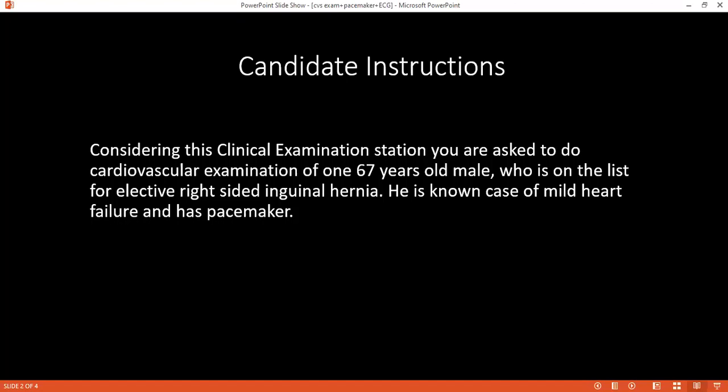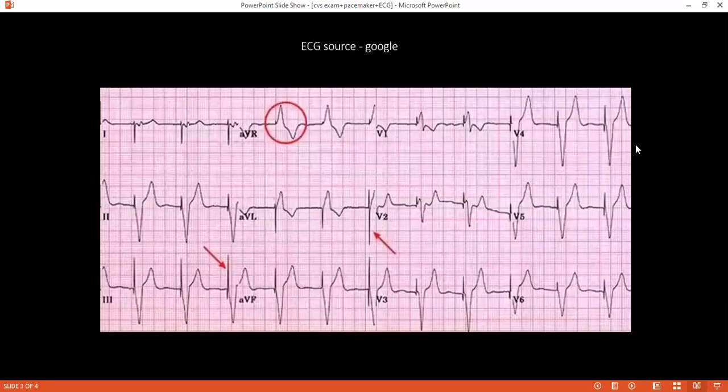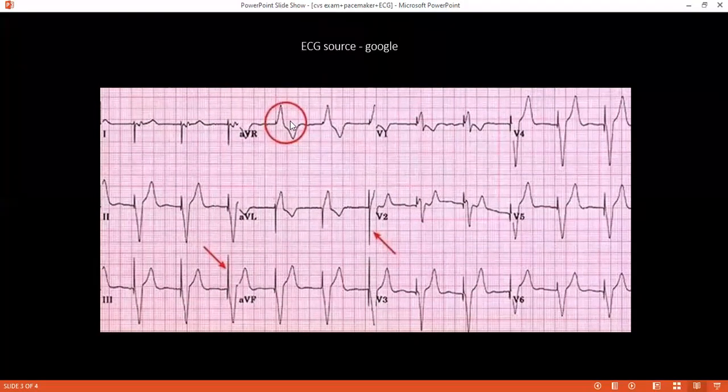All right. Can you please tell me if you can read this ECG? What are these circles and what are these two arrows pointing at, please? This looks like pacemaker spikes, ma'am. Yes. Pacemaker spikes. How would you describe them?